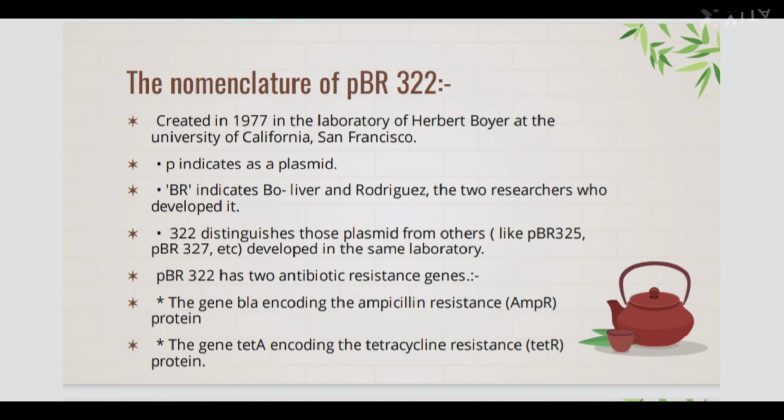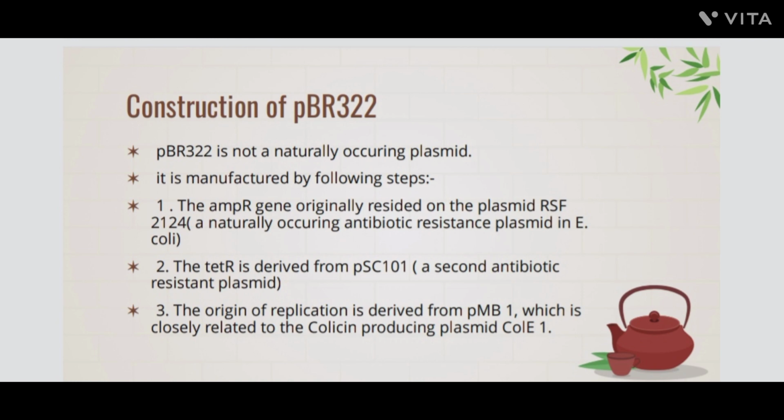The first one is AmpR and the second one is TetR. AmpR indicates ampicillin resistance protein and TetR indicates tetracycline resistance protein.